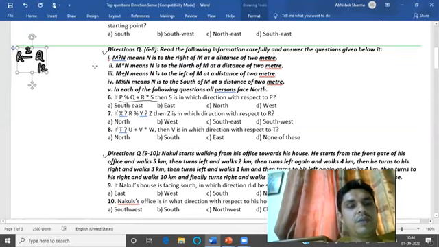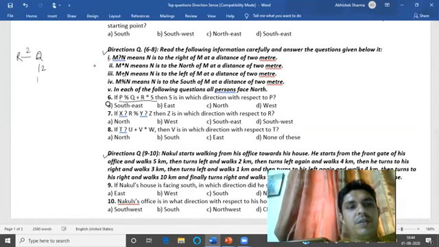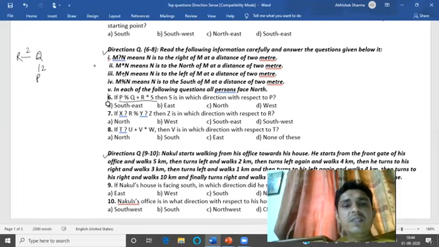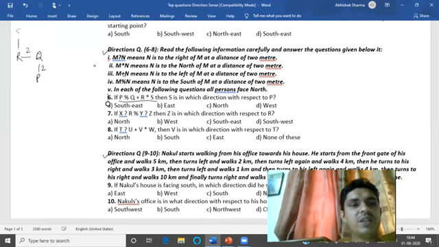Here we had P. R asterisk S means S is to the north of R at a distance of 2 meter. So this can be the situation. So the question is, in which direction is S with respect to P?